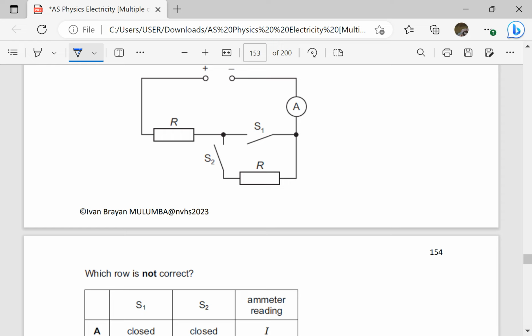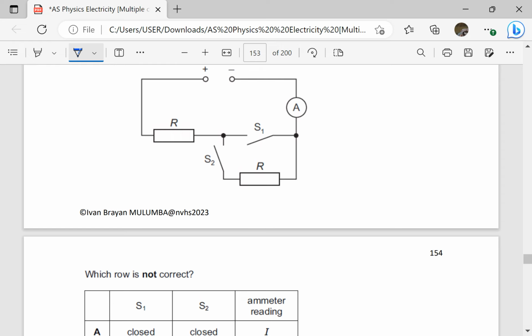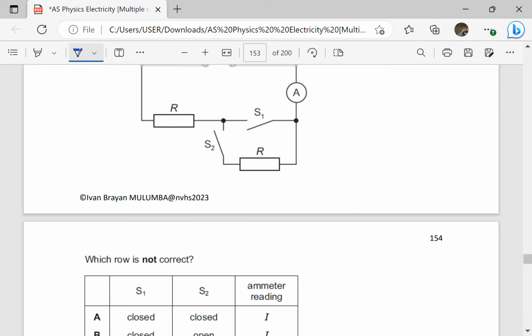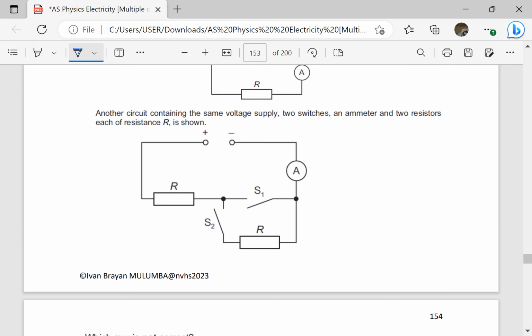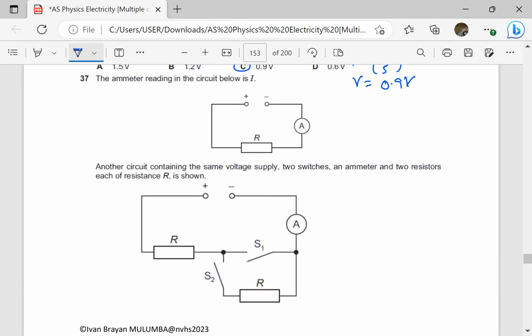I see they are showing S1, S2, and the ammeter reading. Before we see the table, let's try to investigate. Remember initially the ammeter reading was I, when it is alone like this. When will the ammeter reading give the same value I when we do a combination of these switches being closed?